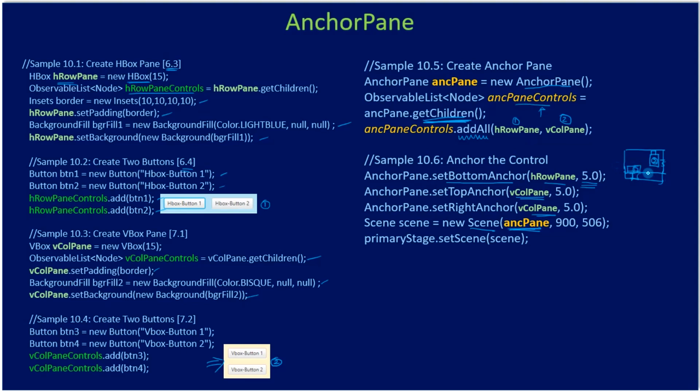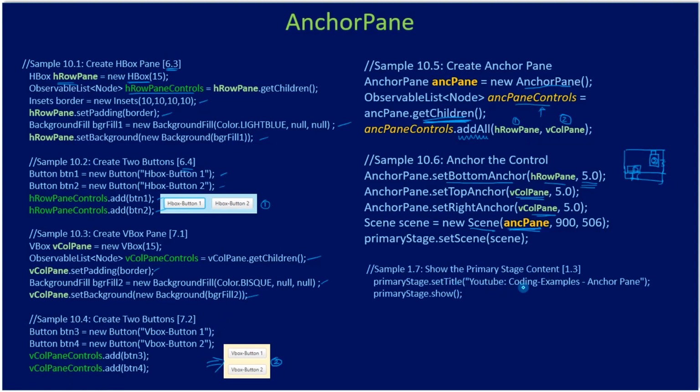To the edges means to the edges of AnchorPane, because AnchorPane is what manages the primary stage. So this is the top level node, or we can say top level container. The top level container contains 2 more containers, hrowPane and vcolPane, and their position and size are decided by these anchoring settings.